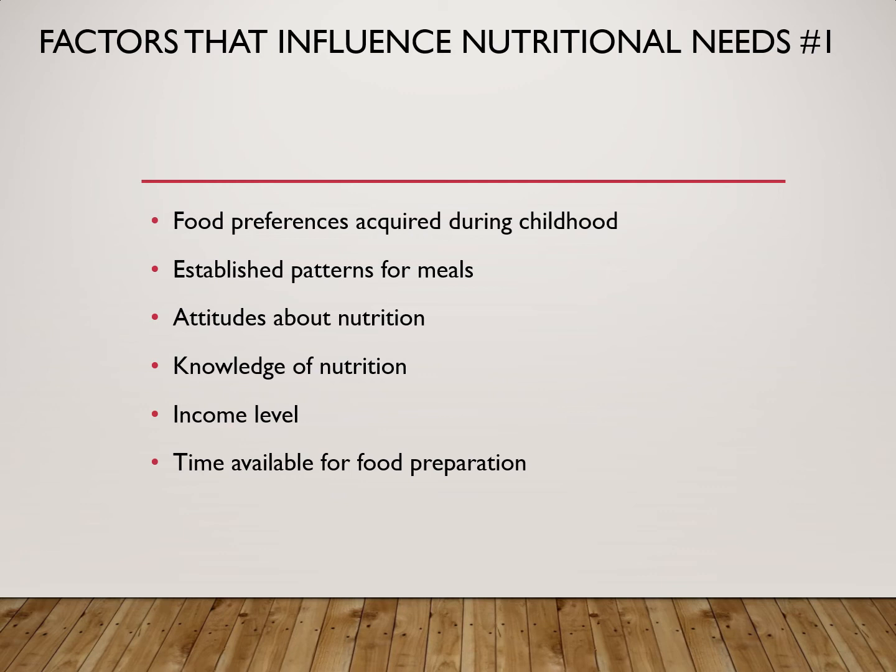PKU allows phenylalanine to accumulate in the brain, blood, and tissues, leading to cognitive dysfunction unless the affected individual follows a low phenylalanine diet for life. Other rare inherited metabolic defects include galactosemia and maple syrup urine disease. In cystic fibrosis, thick secretions block pancreatic ducts, eventually leading to impaired digestion and absorption of fats and fat-soluble vitamins.